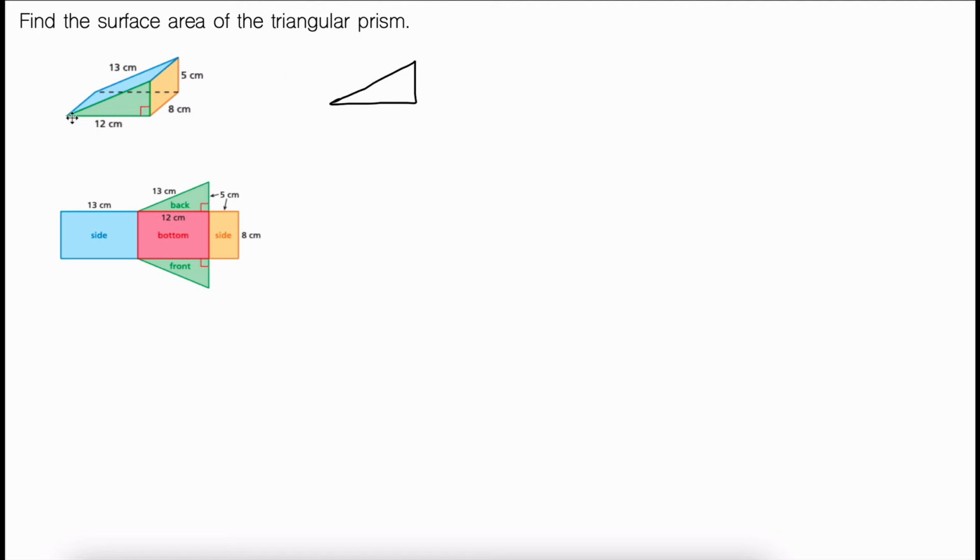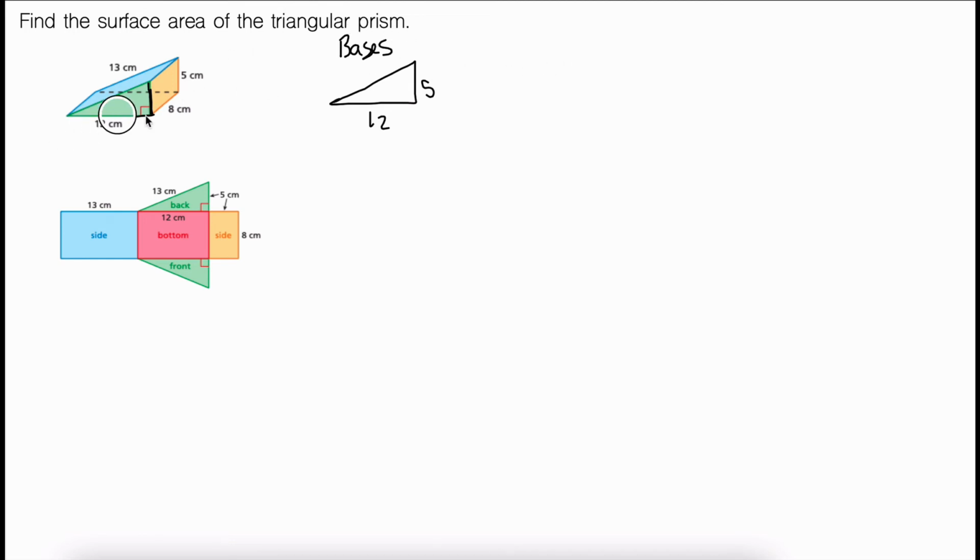And this triangle has a base of 12 and a height of 5, which I just traced out, 12 by 5. And I'll put the bases, 2 of them, plural.